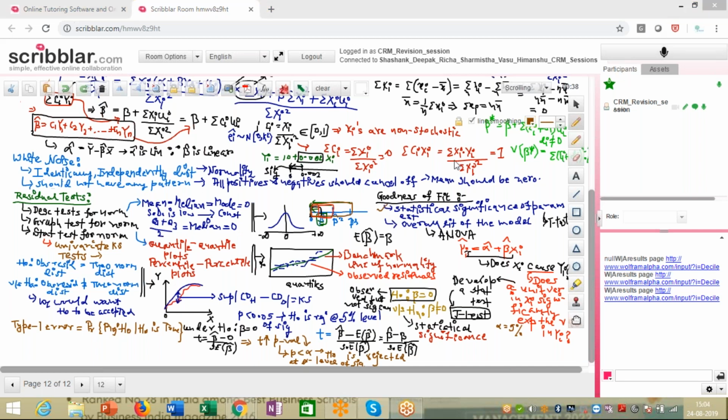Okay, for the t-test, it is beta cap upon standard error of beta cap. So from where will we get this standard error? Yeah, so when you run the PROC REG, the output gives the parameter estimate, the standard error, the t statistic, and the p-values.